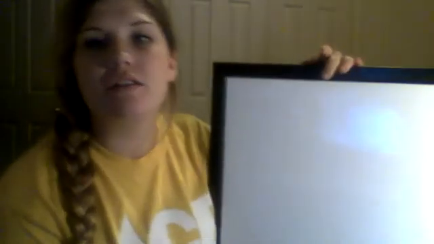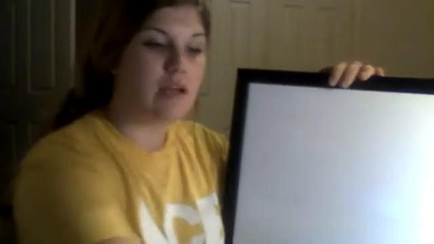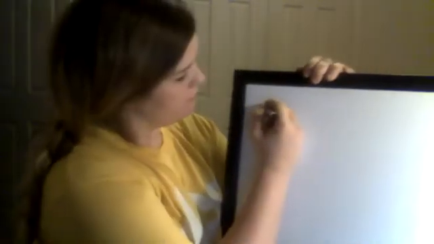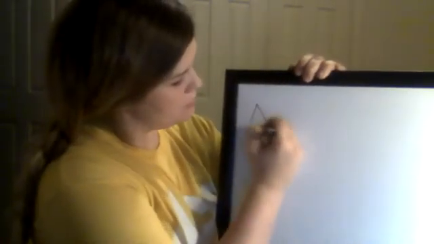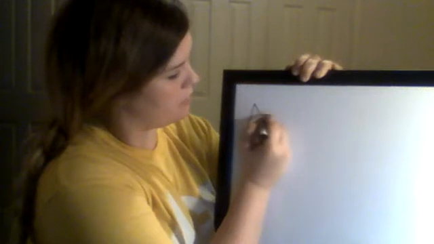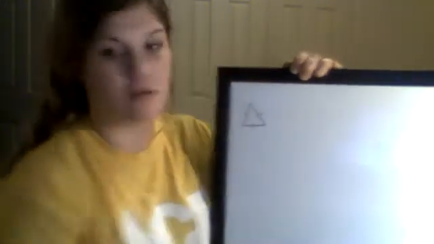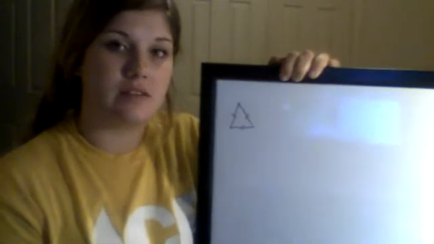Okay. So now we can talk about how we can classify some triangles by their sides, and then we can go over how to classify them by the actual angles themselves. So if I drew a triangle like this, and I asked you, how would you classify this triangle?